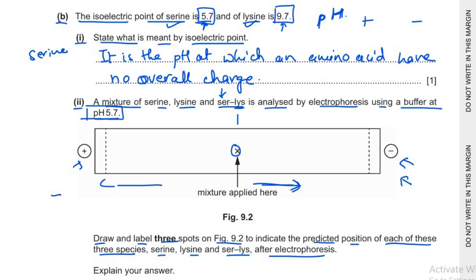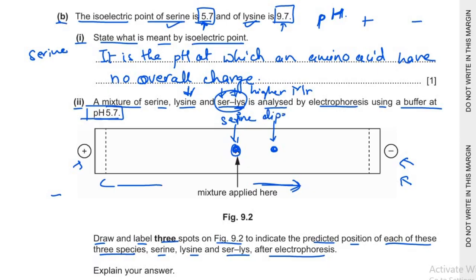But the problem is that out of lysine and the dipeptide, the dipeptide has a higher Mr. It's heavier in weight, so it's going to move slowly, and lysine will move more distance. So let's label it here: this is the spot which will be produced by the amino acid serine. The next spot towards the negative terminal will be the dipeptide.